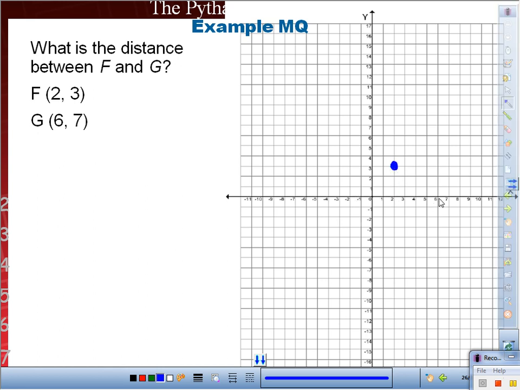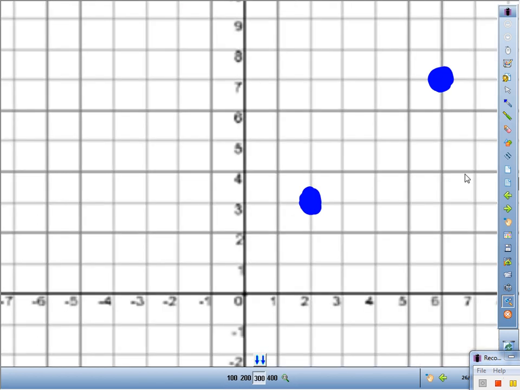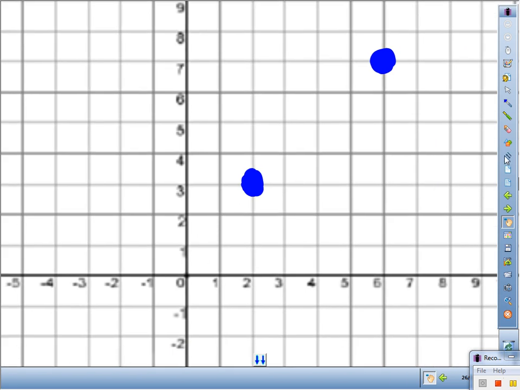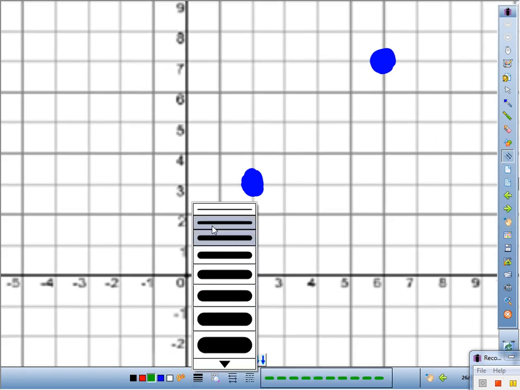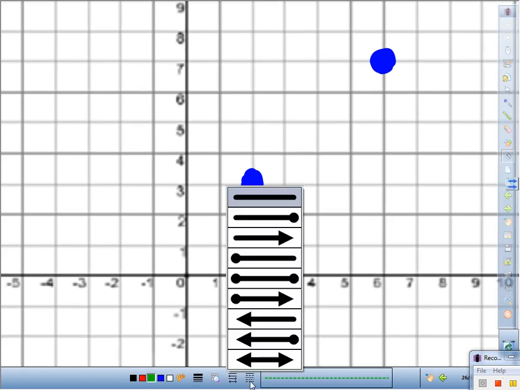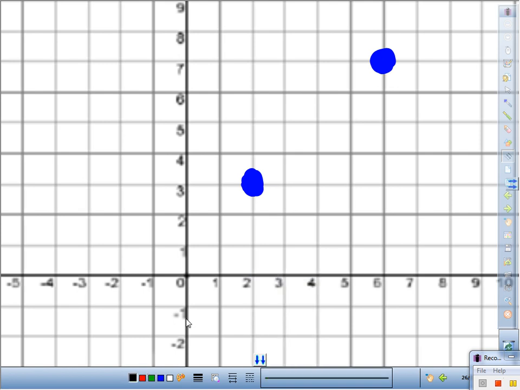The other point is 6, 7, which is right there. Let me zoom in. 2, 3, 6, 7. We need to find the distance from here to here.